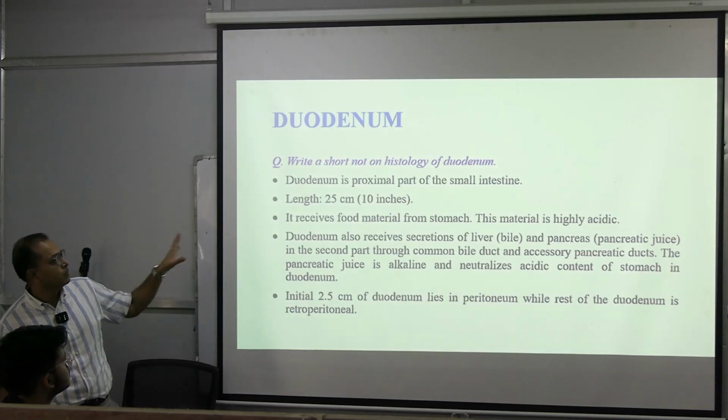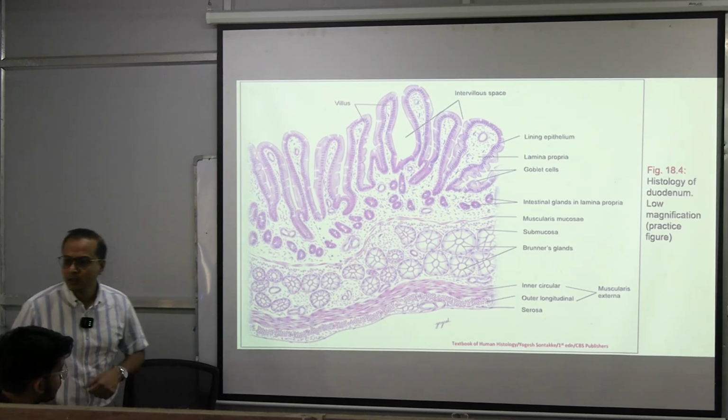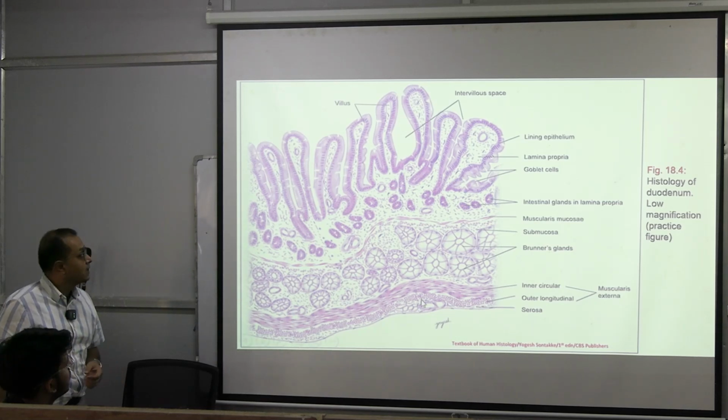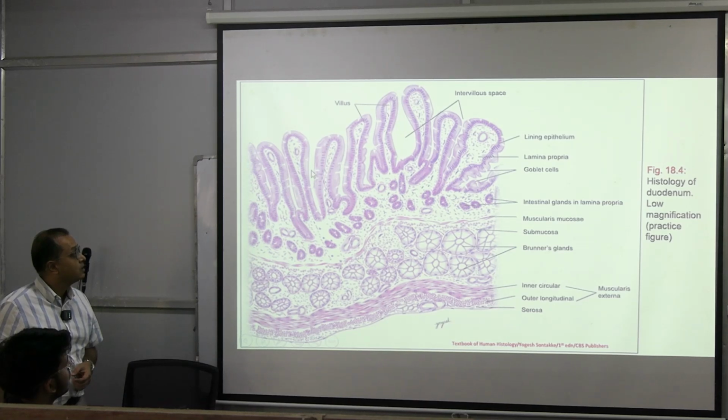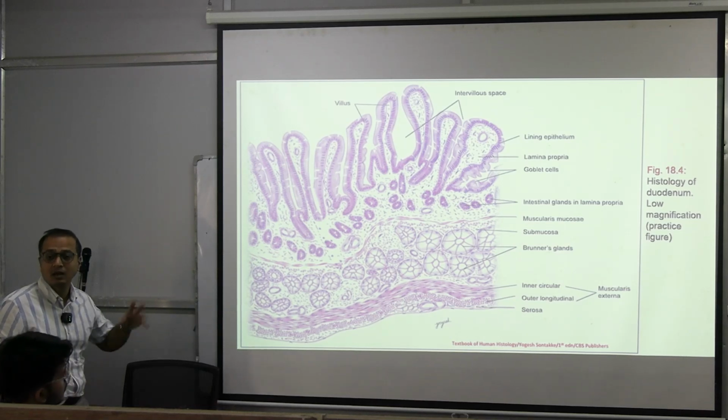So this is what we are going to start with, the duodenum. This is how it should look schematically. The duodenal mucosa has finger-like projections, which we call villi, and the villi are lined by cells. These lining cells should be columnar to cuboidal epithelium, in a single layer.